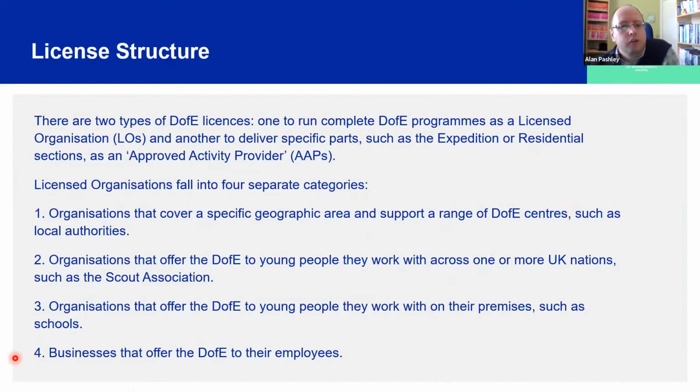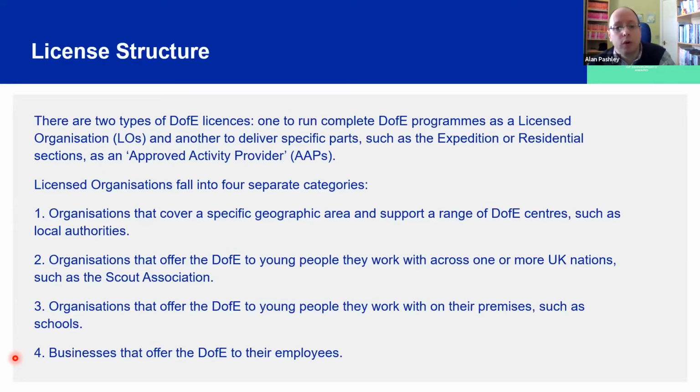Thanks. So just to mention here, if you're involved with supporting a young person in doing their award, there's not necessarily a reason for you to be a licensed holder. If you want to reach the point of an organisation where you're marking yourself as delivering DofE and you're enrolling young people onto the programme and you're going to manage that progress, the way in which we ensure the kind of quality assurance of what's being delivered there and are able to support people doing that is through a licensing structure.